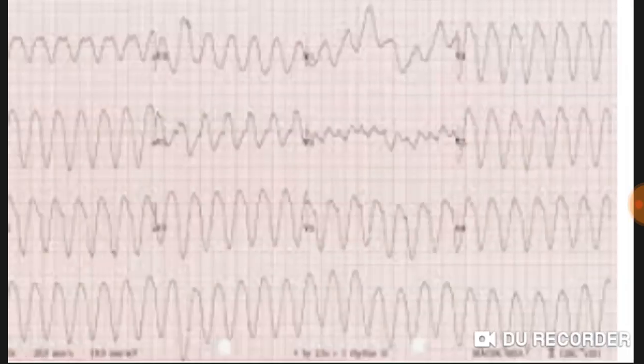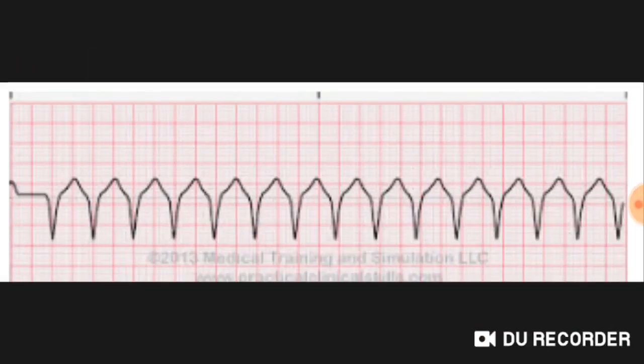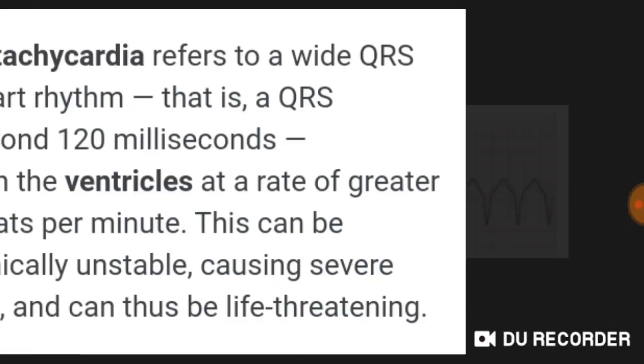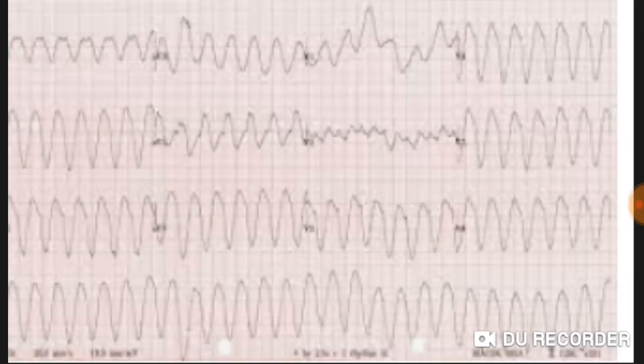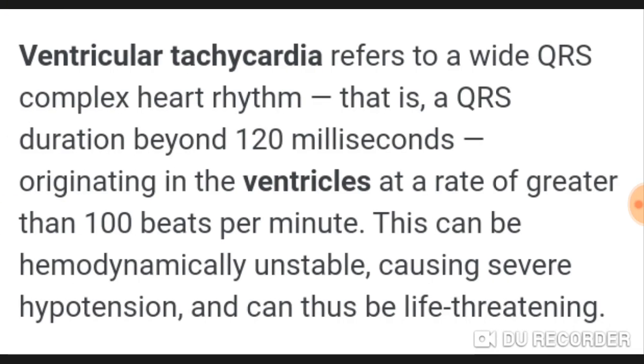Okay. Now, what is this? This is tachycardia. Which tachycardia? This is ventricular tachycardia. Yes. And this is also a tachycardia, ventricular tachycardia. See, ventricular tachycardia looks like this on ECG.